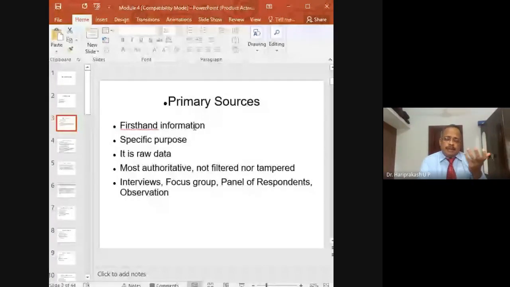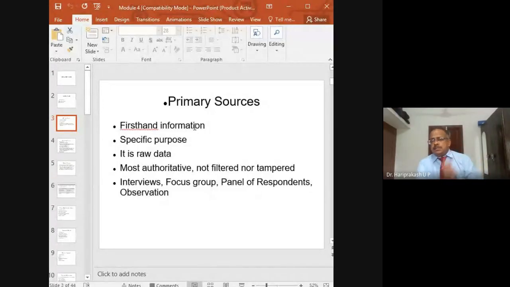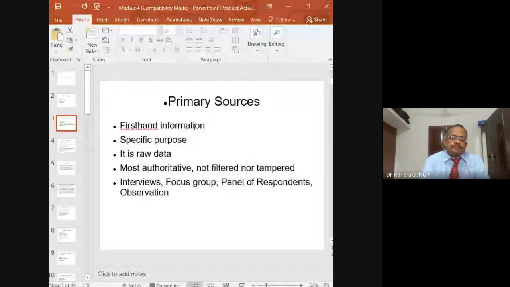You are not collecting something else. That is the specific purpose. Why you are collecting is related to your topic. Got it? So it is with a specific purpose, and you know what is to be collected through the different sources.